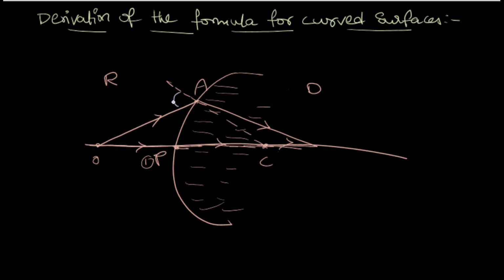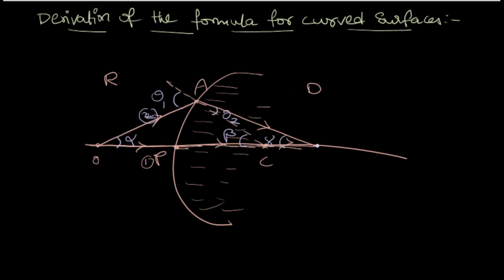If theta 1 be the incident angle and theta 2 be the refracted angle for this second ray, and this ray 2 makes an angle alpha with this principal axis, and this normal makes an angle beta with the principal axis, and this refracted ray makes an angle gamma with this principal axis.